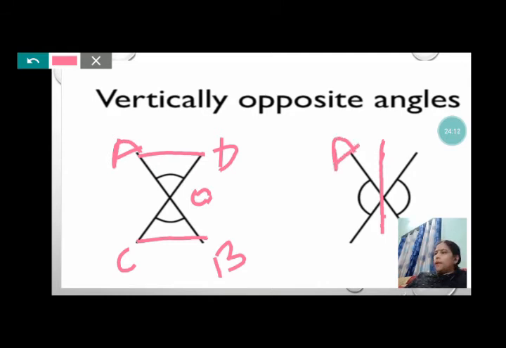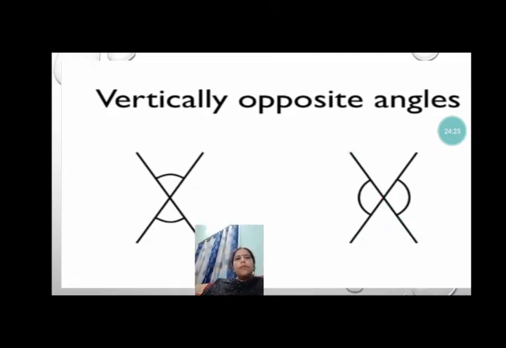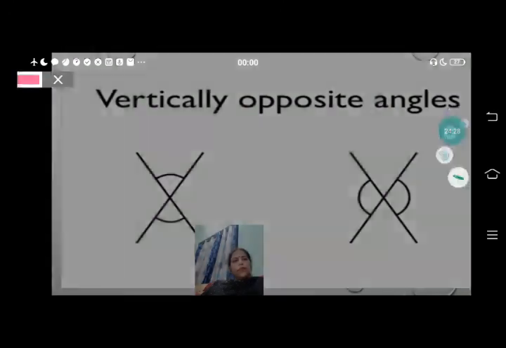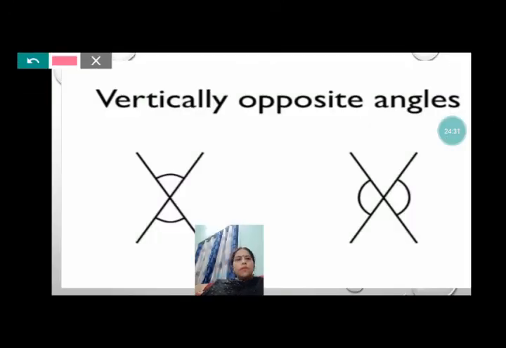A is given here, then C, then F, then one line over here, C, D, then F, then B, then E.